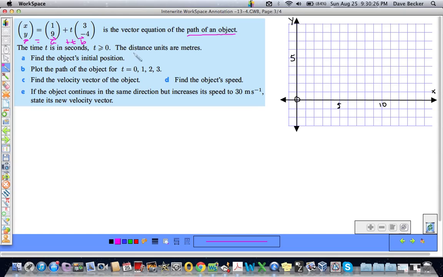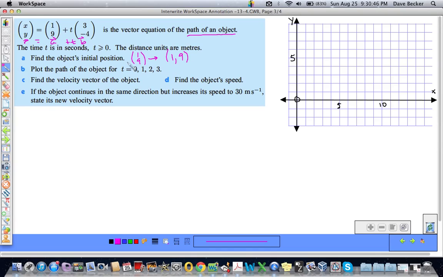And so the easy answer is, well, it's the initial position vector. It's at (1, 9). Okay? That gives the ordered pair (1, 9) because they asked for the position, not the vector. So if you give me the vector, it's wrong.